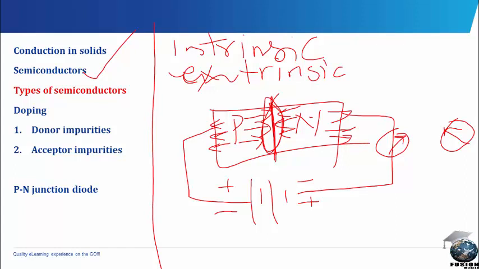But when little energy is absorbed, electrons will move from valence to conduction, thereby enabling conduction. That is for semiconductors. But for conductors, there is an overlap between the conduction band and the valence band. So since there is an overlap, it conducts even in its natural condition.